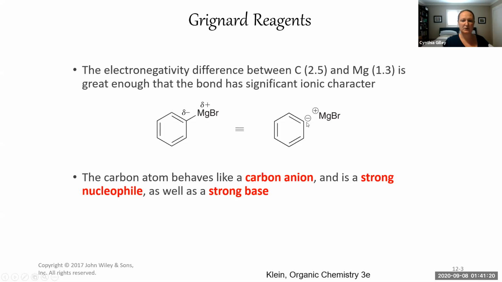Or sometimes it's drawn as an ionic compound with a positive and negative charge. But either way, it's just important to recognize that it is partially ionic and partially polar covalent. Because the carbon has a strong negative character, that carbon is both a strong nucleophile and a strong base.